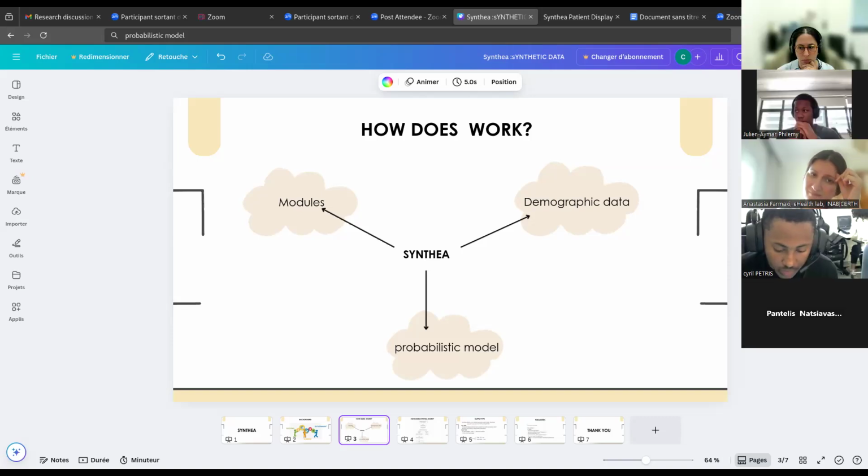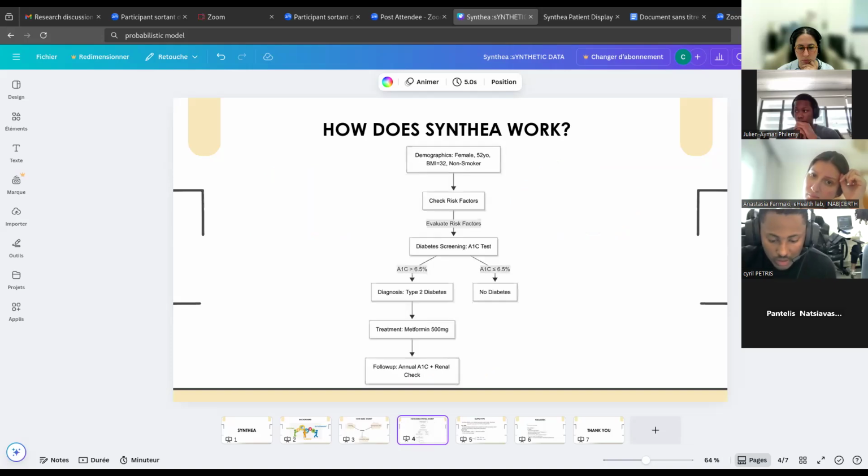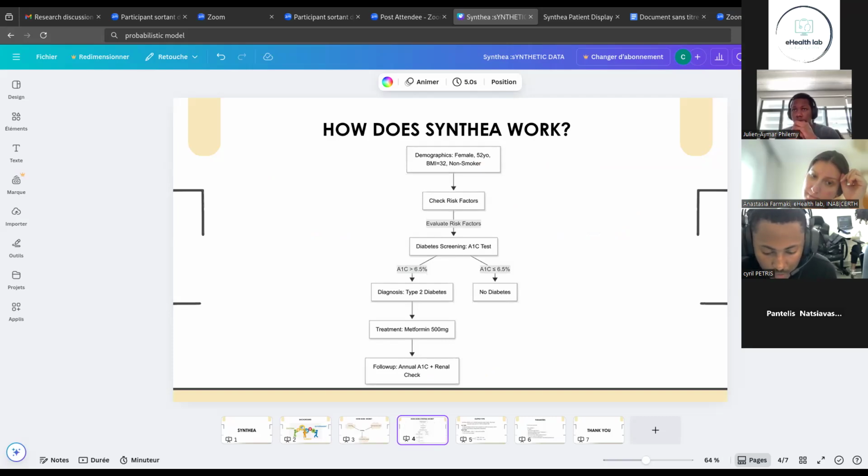Here I have created a little graph, not really a graph, but a tree, for you to understand how those state graphs are used. We have different cases. Here we have the data of a female who is 52 years old, with a BMI of 32, and who doesn't smoke.